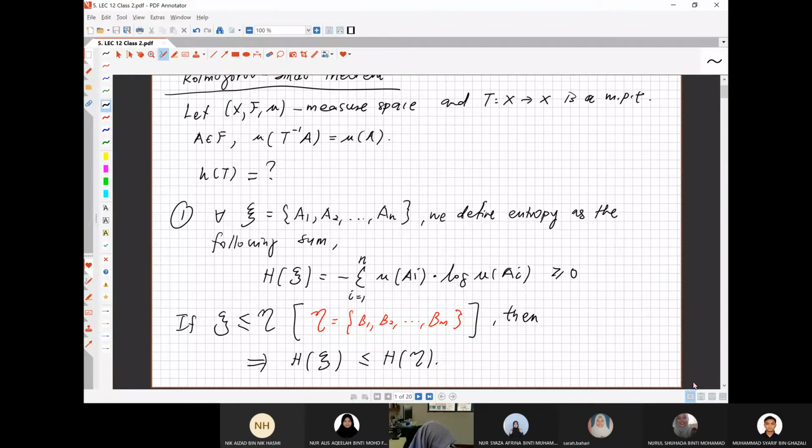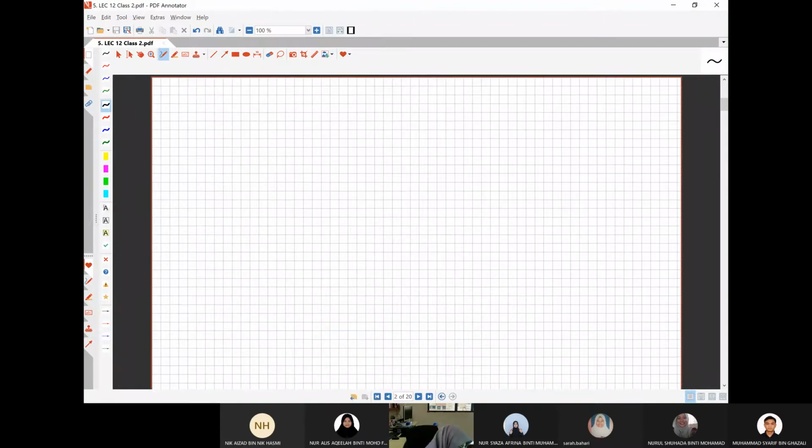Okay, for the second property, we have the entropy of the transformation with respect to partition psi, or we call it the relative entropy of a measure preserving transformation relative to a finite partition.